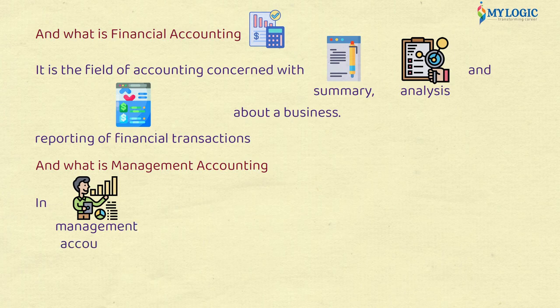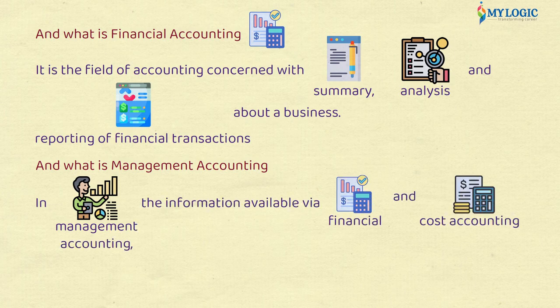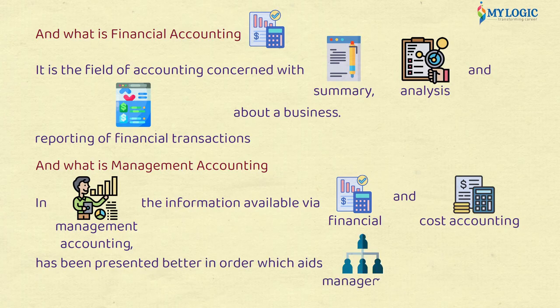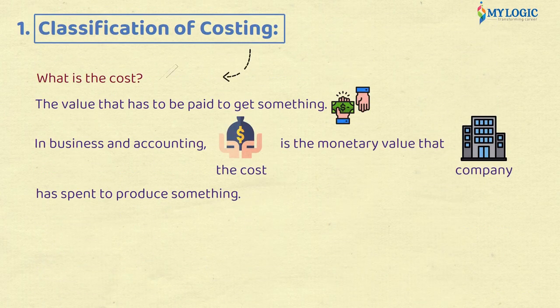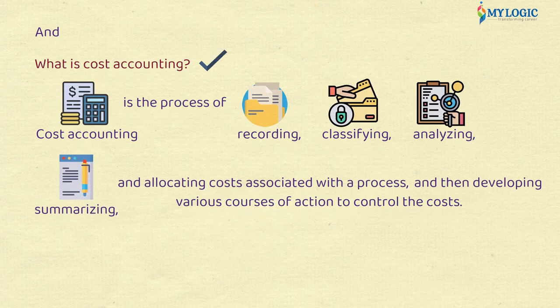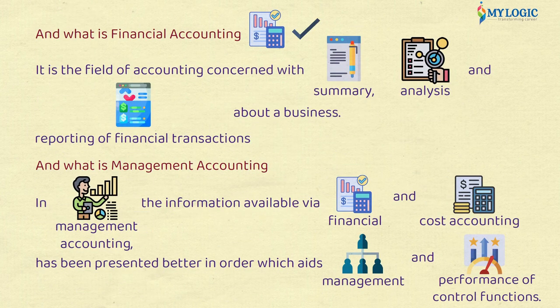In management accounting, the information available via financial and cost accounting has been presented better in order, which aids management and performance of control functions. And now you are pretty clear with what is cost, what is cost accounting, what is financial accounting, and what is management accounting.